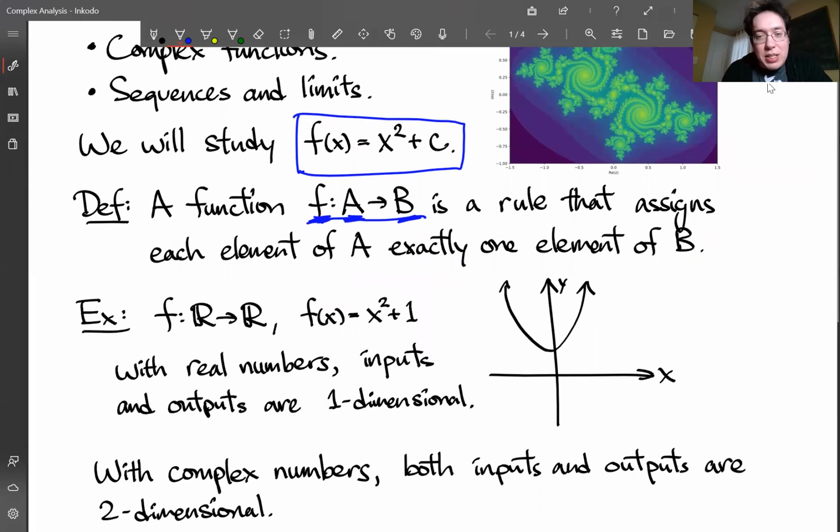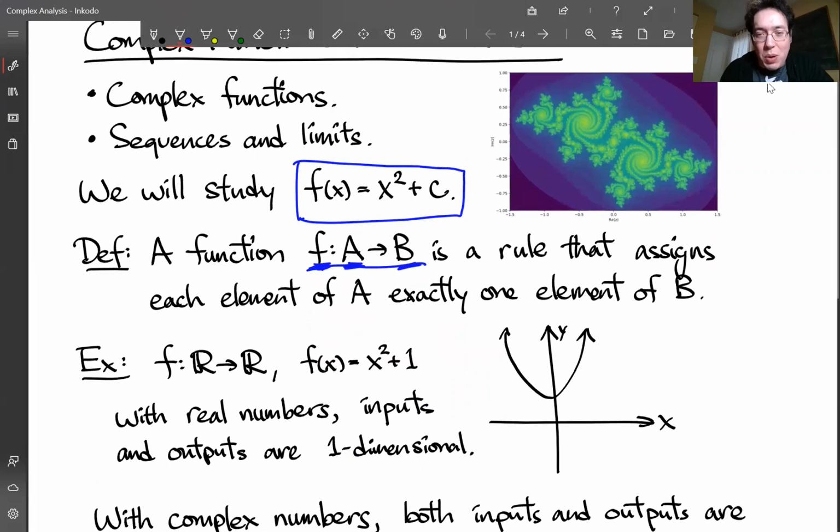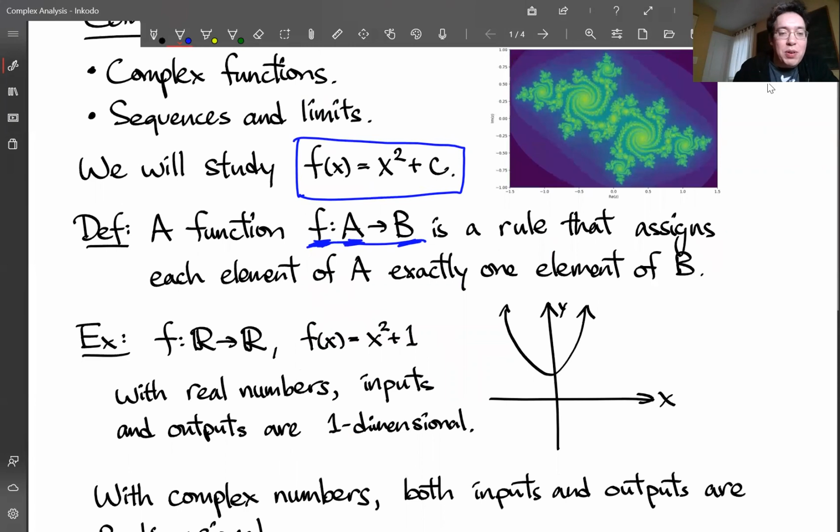So let's compare it to quadratics with real numbers. If you're looking at it as a function from real numbers to real numbers, quadratic functions are very easy to understand. We could just graph it, right? So x is the input axis.